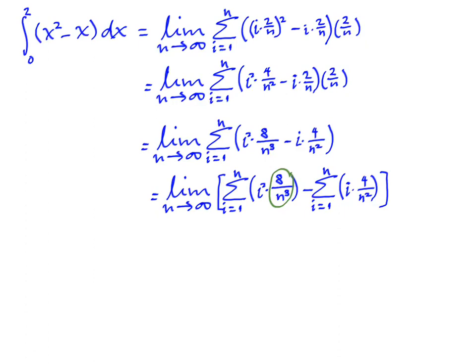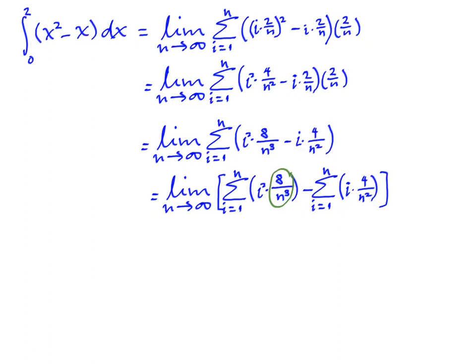So the first term in that sum is 1 squared times 8 over n to the third. The second term would be 2 squared times 8 over n to the third. The next one would be 3 squared times 8 over n to the third. So the 8 over n to the third doesn't change. It's in every term. So I can use the distributive property to pull it out in front of that sigma.